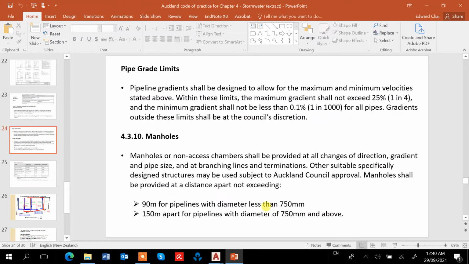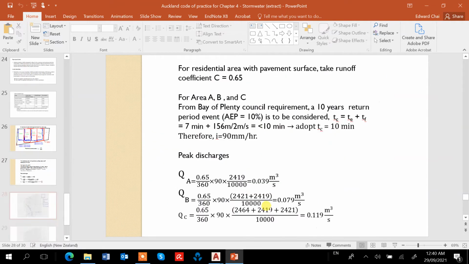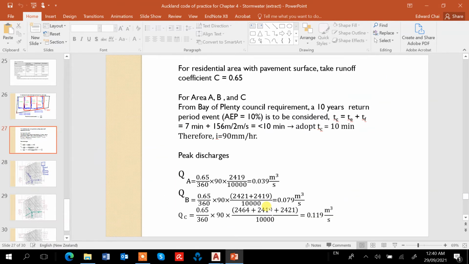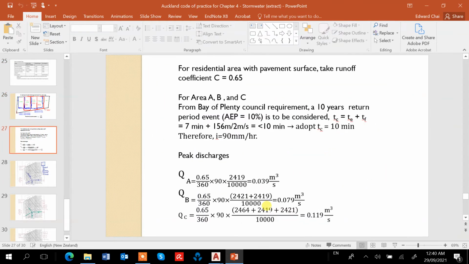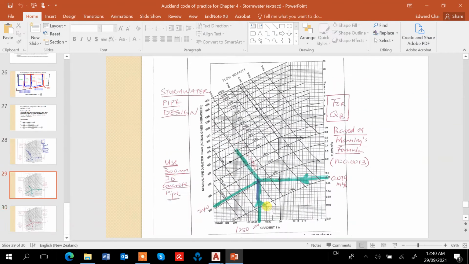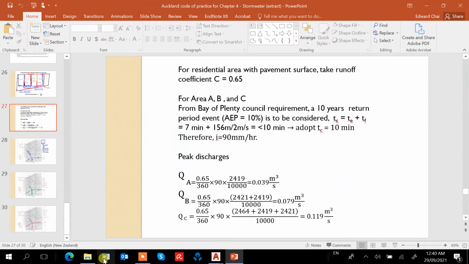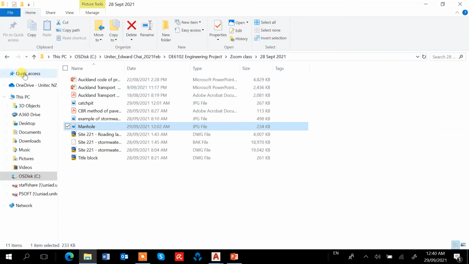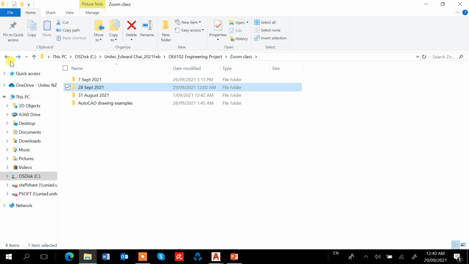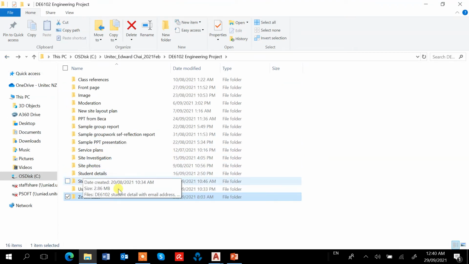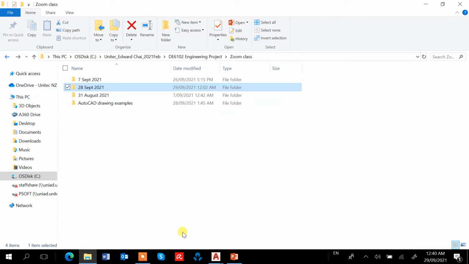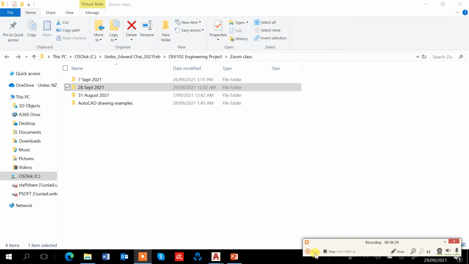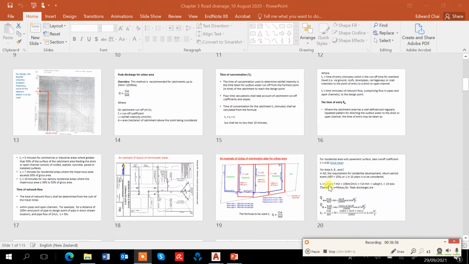I think I just showed you the example, which is just the design chart. I don't have the NIWA one here. Probably I showed you the highway one. Let me see, just a minute.